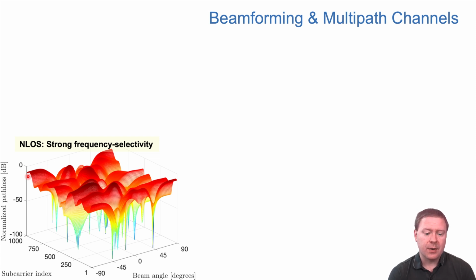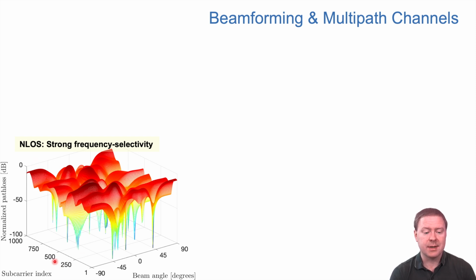In these scenarios, there is no particular beam angle that we would like to transmit in that is good for all subcarriers, because these different objects are in particular directions, but they superimpose differently and give us some constructive or destructive fading behaviors depending on what frequency you're at.